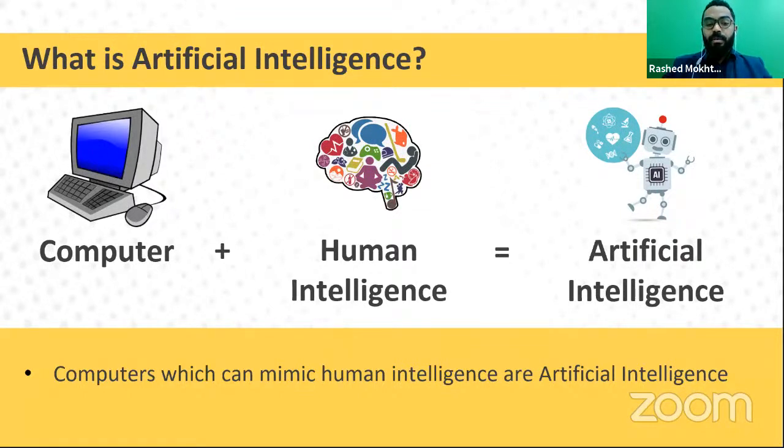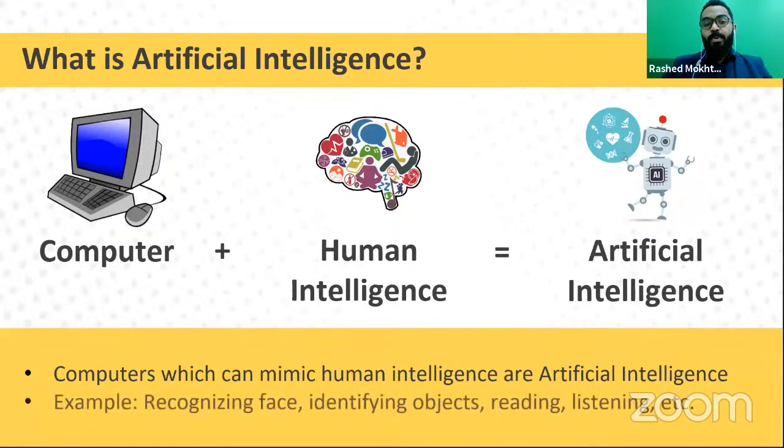Okay, so we can see this in many different forms. Artificial intelligence is all over, it's all around us, right? We can see it in many different forms, like face recognition. I'm sure you can give so many examples here, like face recognition, identifying patterns, identifying objects, reading and listening.